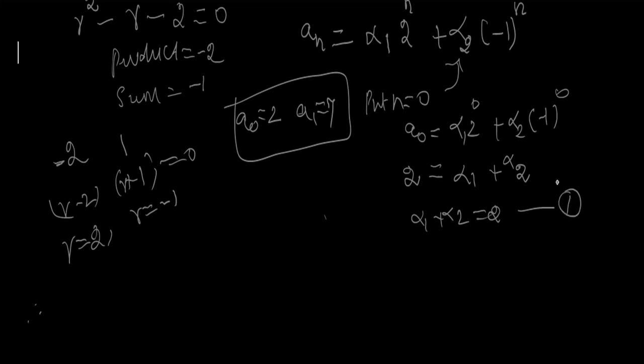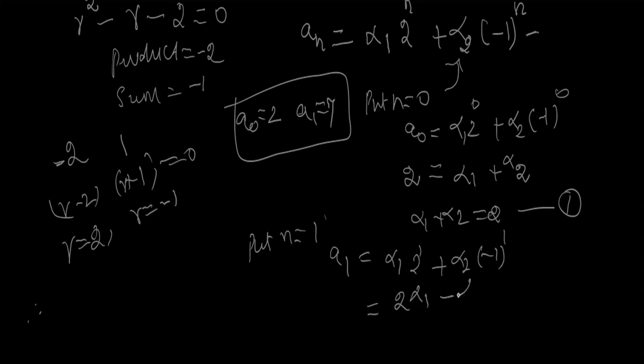Let us mark this equation number 1. Now put n equal to 1 in this equation. So a1 equal to alpha1 times 2^1 plus alpha2 times (minus 1)^1, that is 2 alpha1 minus alpha2. Here a1 is 7, so our equation is 2 alpha1 minus alpha2 equal to 7. Let us mark this equation number 2.